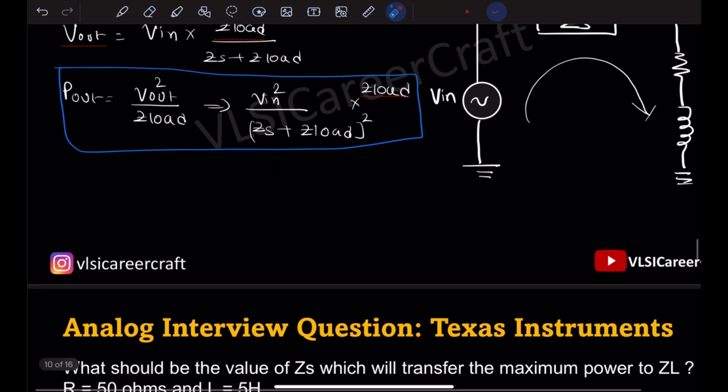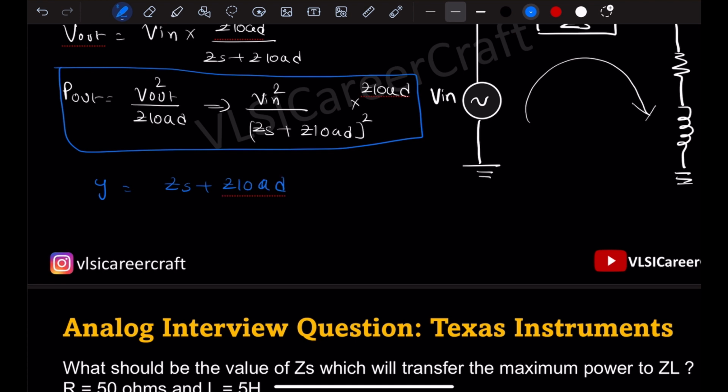For that, let's take the denominator as equation y, which is equal to ZS plus Z load whole square. We should find out at what values of ZS this equation gives us a minimum value.